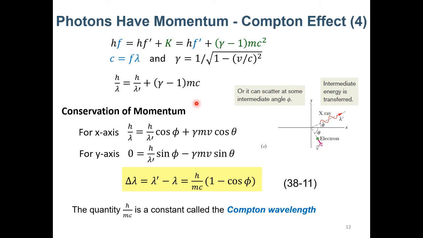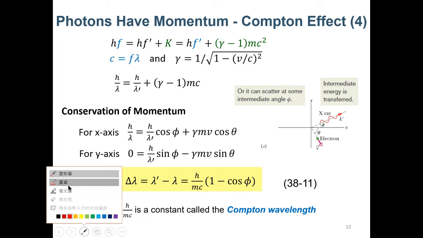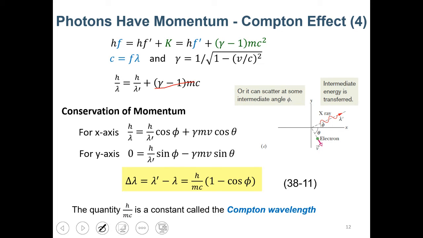And for the electron, this one should be gamma m v. Gamma m v is the momentum rather than gamma minus 1 m c. This one is theta. So in the x direction it is cosine theta, and sine theta in the y direction but with a minus sign.